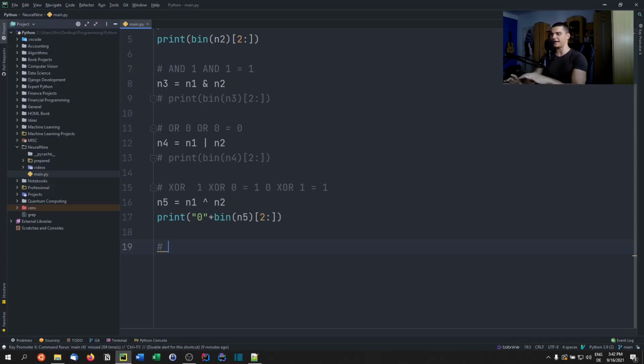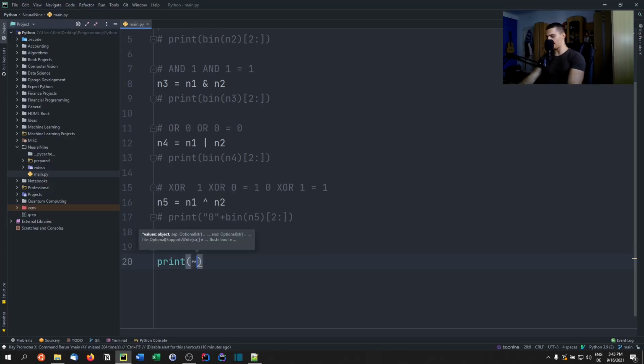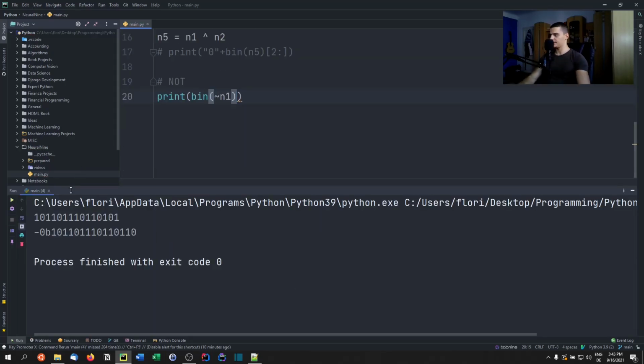if we want to actually negate a bit mask, because I'm going to show you here. Let me just comment this out and let me comment this out. If I take N1 and I negate it with this wave symbol here, this is the bitwise NOT, or at least the negation operator, and I represent this in binary, you're going to see that, first of all, it's a negative number, and second of all, if I now remove the first 3 characters, 3 because there's a negative symbol, you can see that it's not actually the negation of the bits.